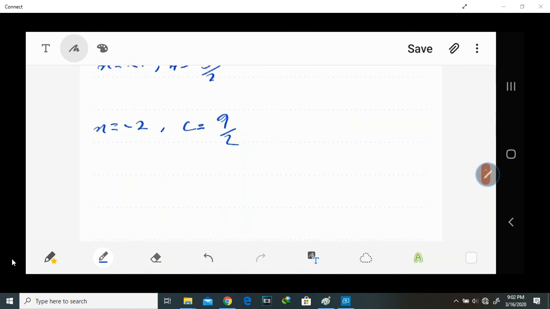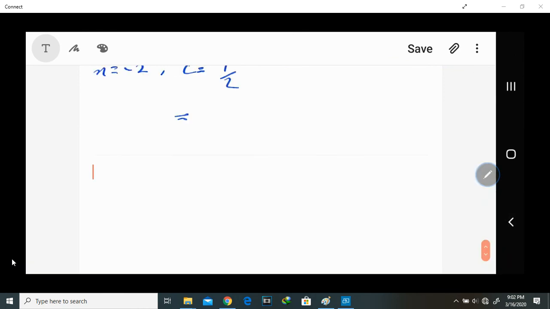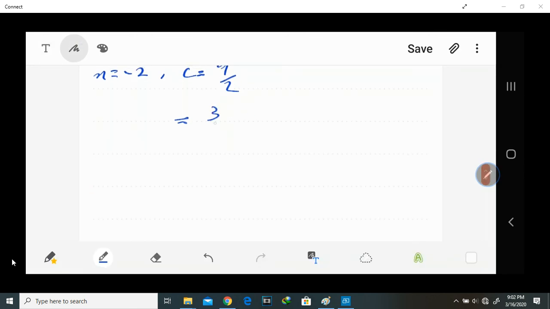You can substitute and get the values, and then finally you will have a partial fraction like 3 over 2 times x minus 1 minus 6 over x minus 2 plus 9 by 2 times x minus 3.